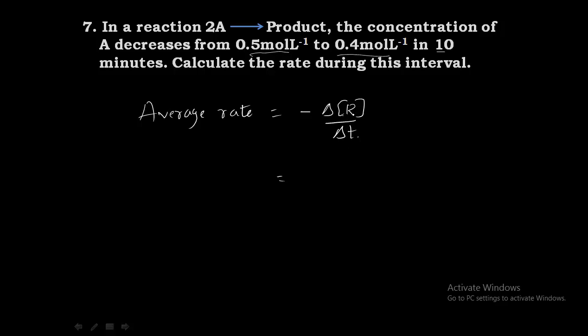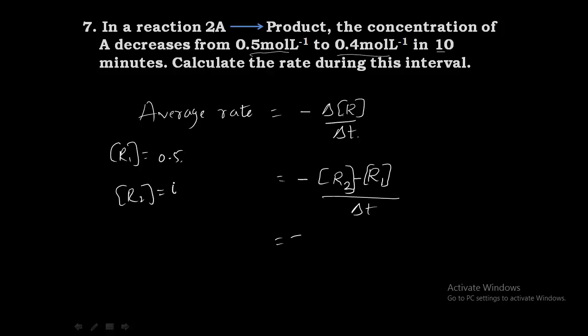The change in reactant concentration is calculated by R2 minus R1: the final concentration minus the initial concentration, divided by delta T. Now, 0.5 is the initial concentration, that is R1 is 0.5, and R2, the final concentration, is 0.4.